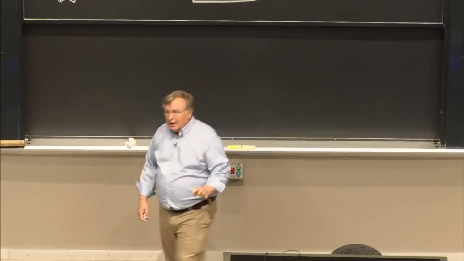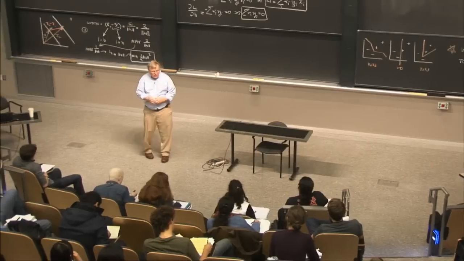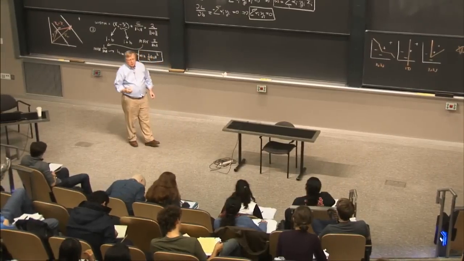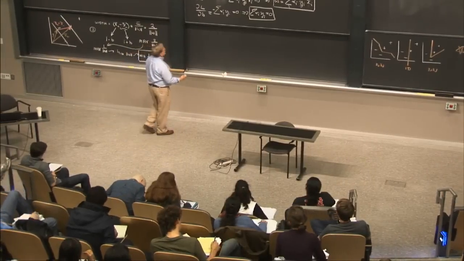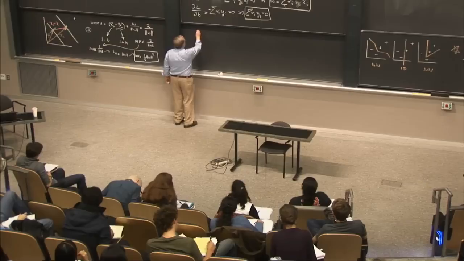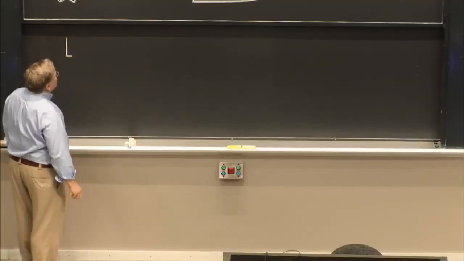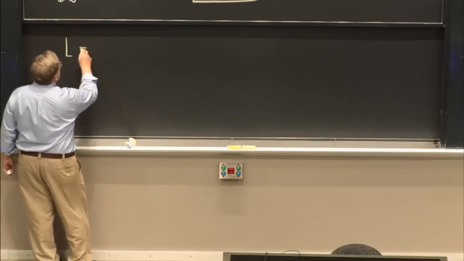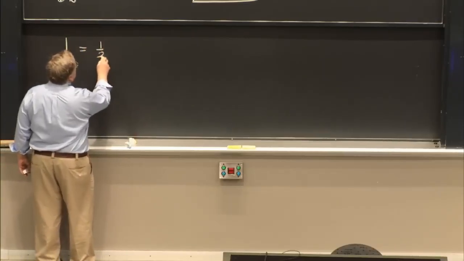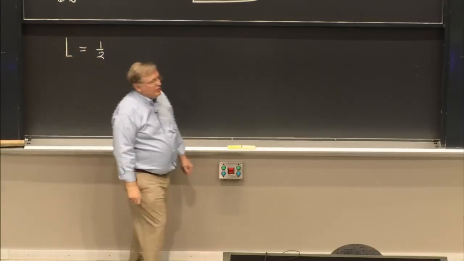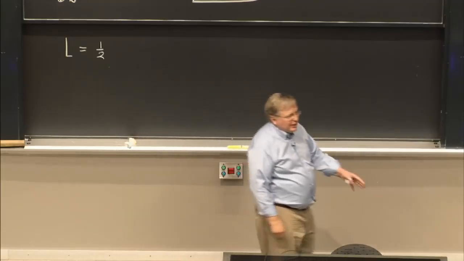Is everybody kind of relaxed, taking a deep breath? This is the easiest part. This is just doing a little bit of the algebra. So the thing we're trying to maximize or minimize is equal to 1/2. And now we got to have the magnitude of those.